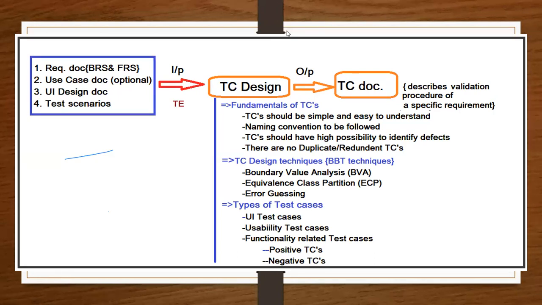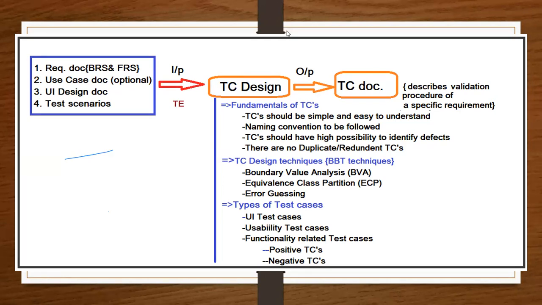Then usability test cases. The test cases which you derive to verify the user friendliness of the application, how easy it is to operate the application, those factors to validate, whichever test cases you derive, we are going to call usability test cases. And then functionality test cases.